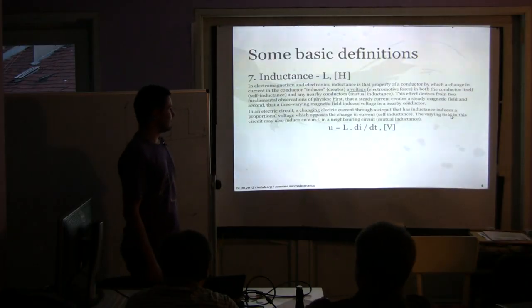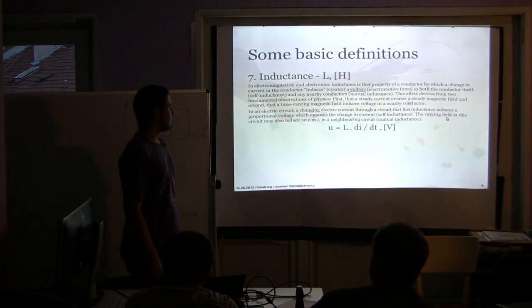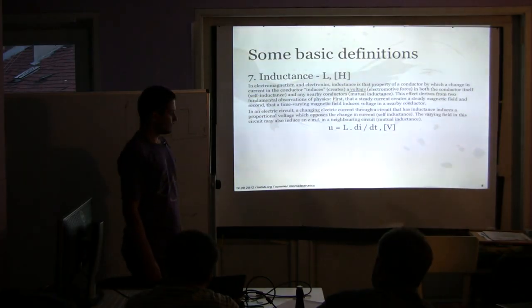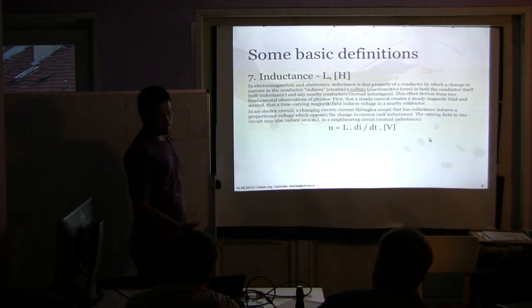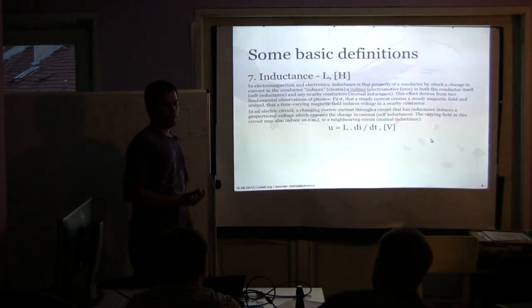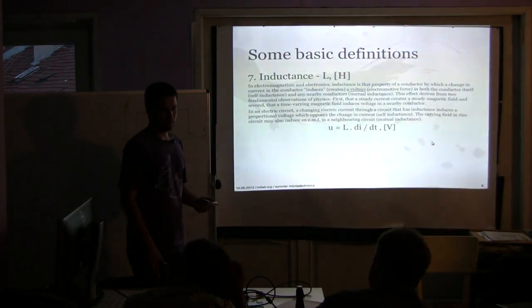I'm not sure if you have understood it, but we will see these effects in the circuits later, so we will have a chance to make it understandable. It's like a capacitor in this situation, but in the opposite direction. For the capacitor, for some frequencies, we can define the resistance of the capacitor and the resistance of the inductor.